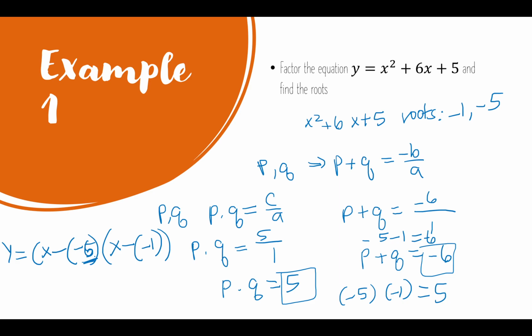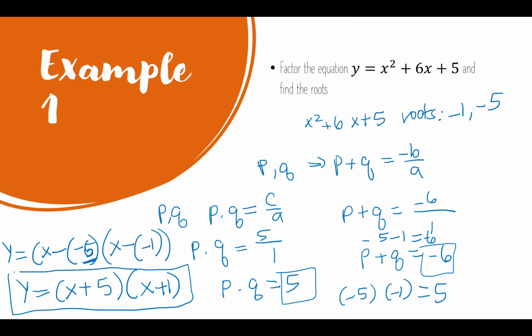This is -5, by the way, I made a mistake. So y is equal to x plus 5 times x plus 1. And this is the factored form of this quadratic equation.